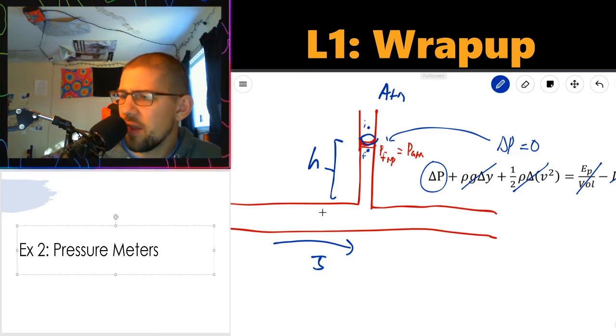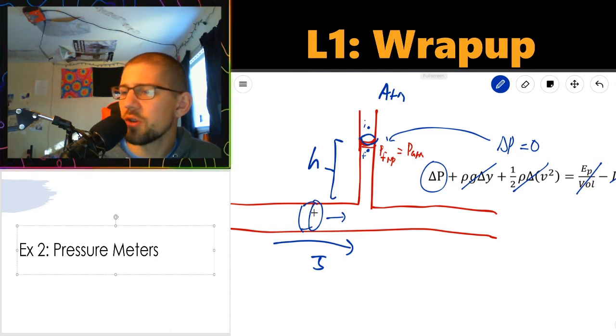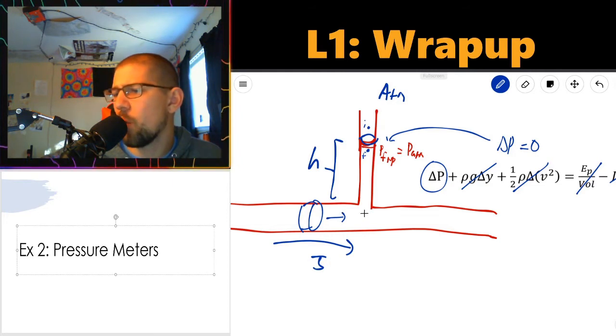Recall that the fluid flowing through this pipe has some pressure, and that pressure corresponds to a force on the walls of the pipe. If I give the water some room to expand, so say it enters this region here where we've got this upper pipe now, the water is going to expand upward to fill up that space.